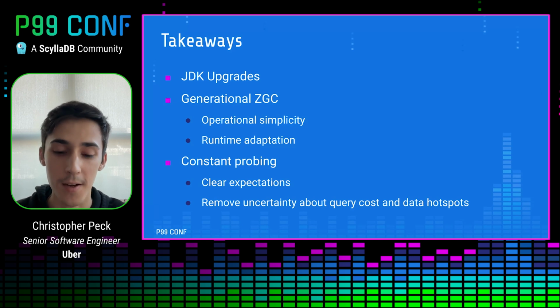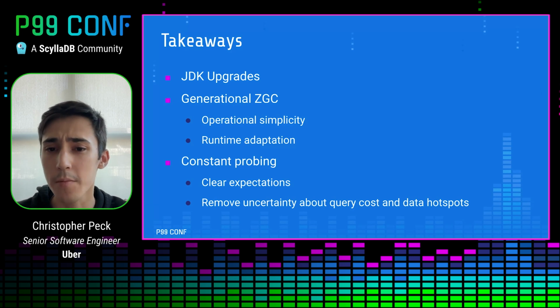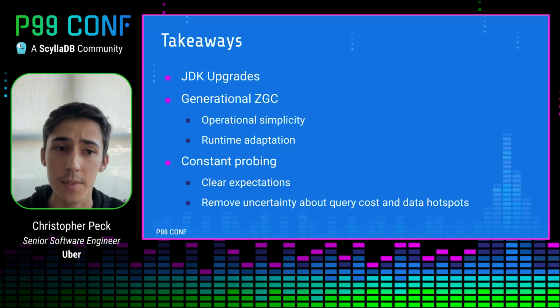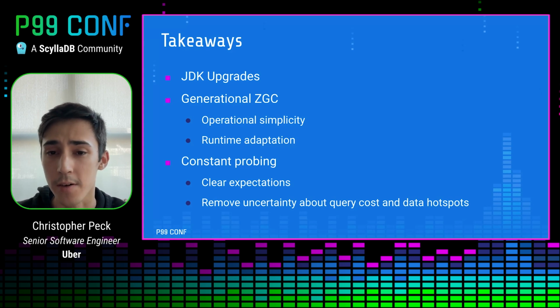One other big takeaway is constant probing. Sometimes identification is the hardest part. Solving the problem in this case was as simple as dropping in a new JDK runtime and changing the garbage collector. But figuring out what the problem was took quite a while.